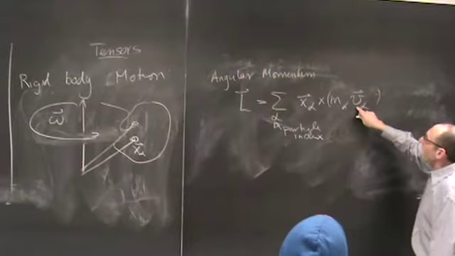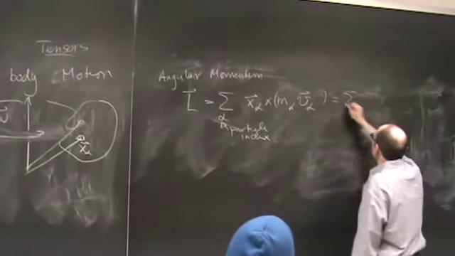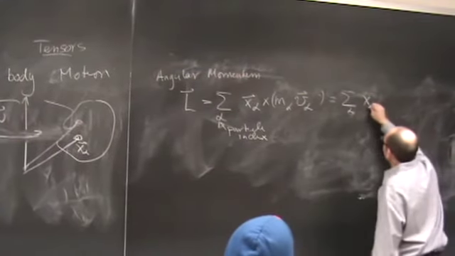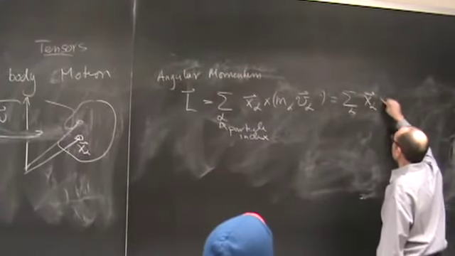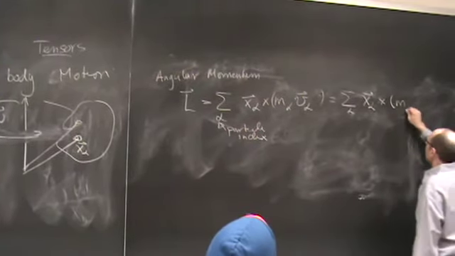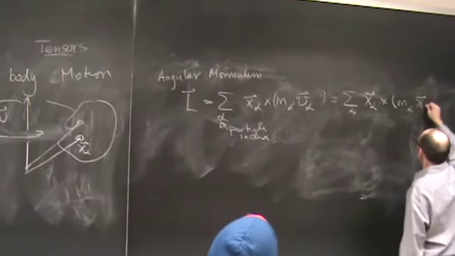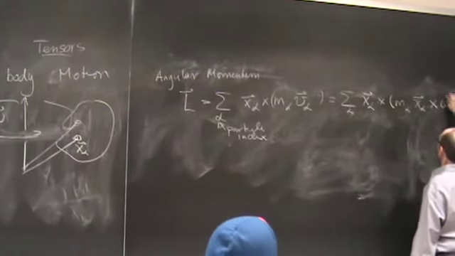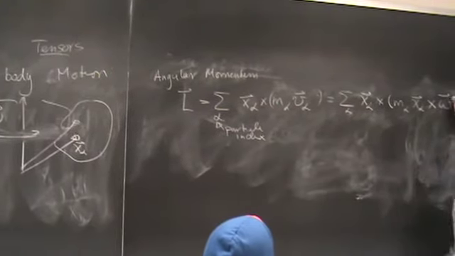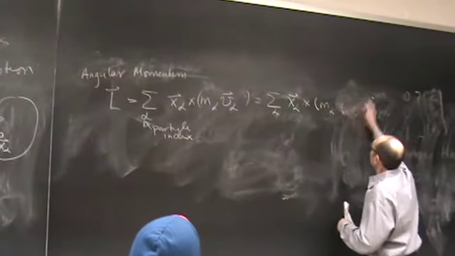So our velocity here is, because it's a rigid body, each is moving around with angular velocity omega, so this is omega cross x.